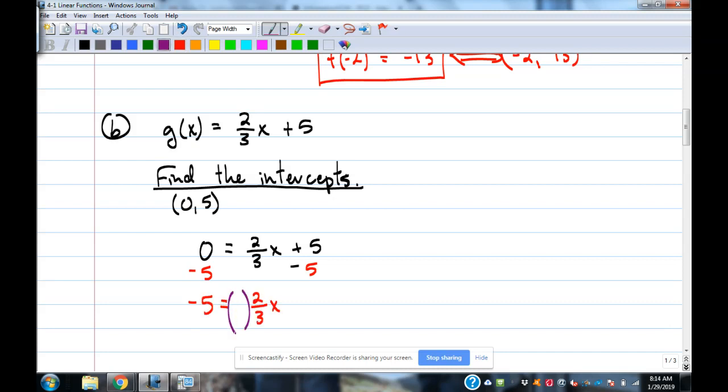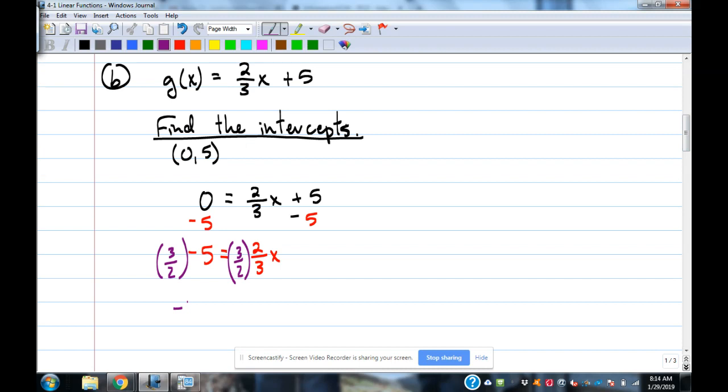Multiply by the reciprocal. Negative 15 over 2. So the ordered pair would be negative 15 over 2, 0. And there we have our intercepts.